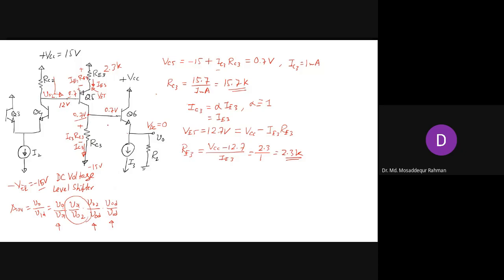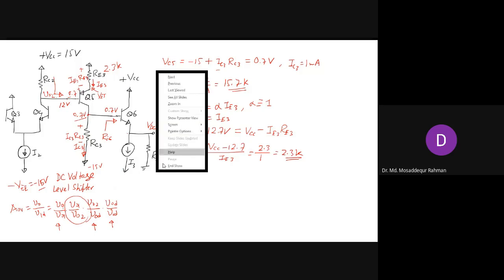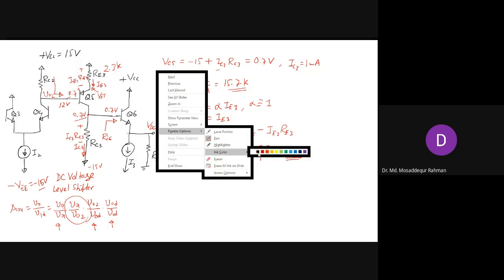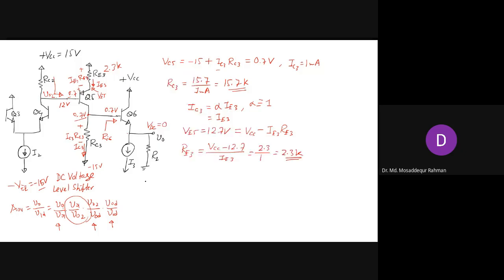So what is the gain expression for that? Sir, the resistance in the collector divided by the resistance in the emitter. Right. So the gain expression for the common emitter with resistance in the emitter, here the voltage we call V01.